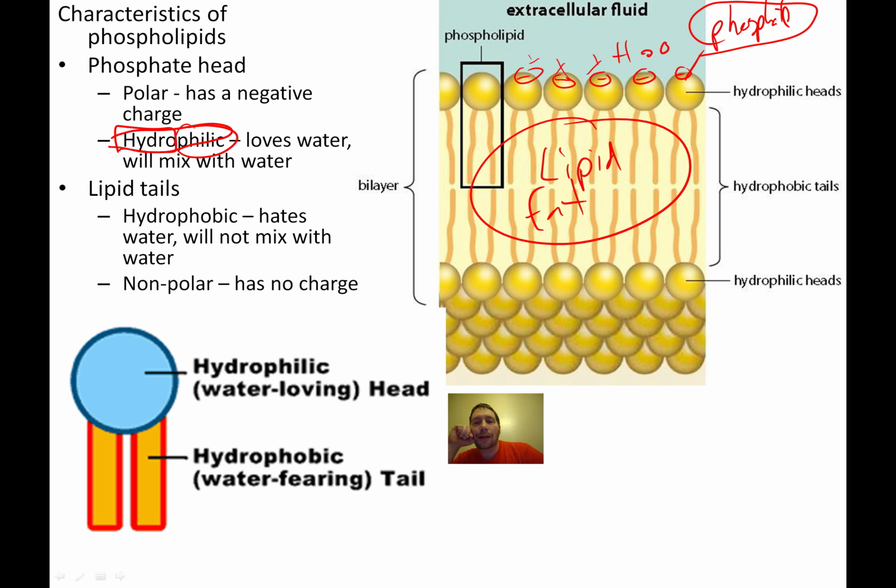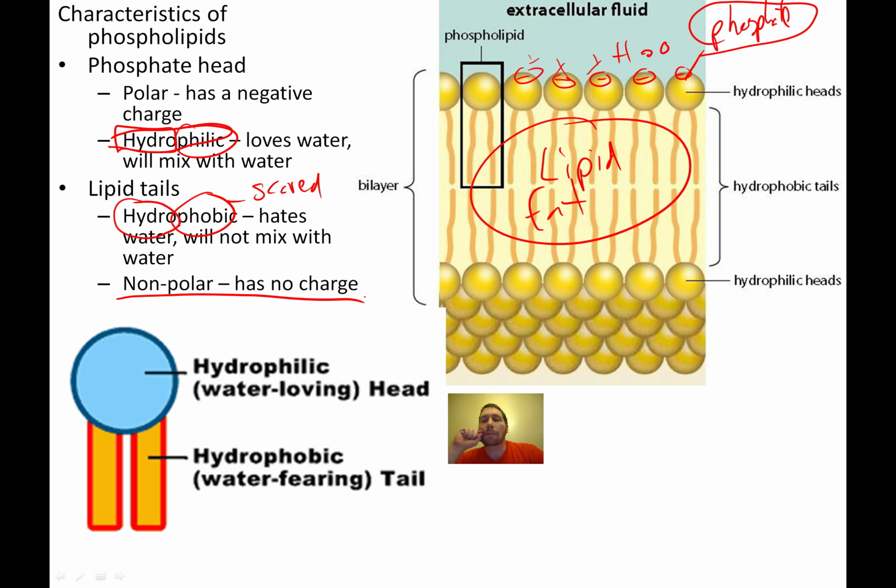Once again, hydrophobic is taken from the word hydro for water and phobic, which means scared of. These lipid tails do not like to mix with water, and the reason for that is they're nonpolar. They have no charge. Remember, water will mix with a polar molecule. It avoids a nonpolar molecule the way I avoid Raiders fans, because it does not like to mix with them.